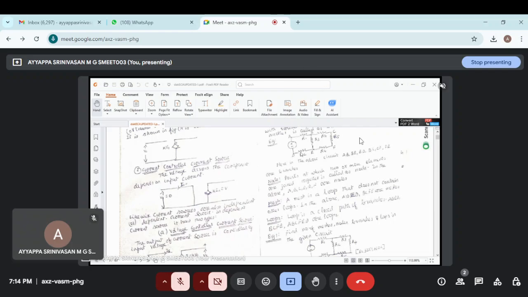For example, I am showing in the figure, ABED is a mesh, while ABCFED is a loop, because ABCFED has another mesh in it, ABED.